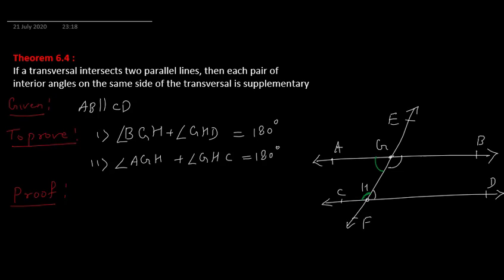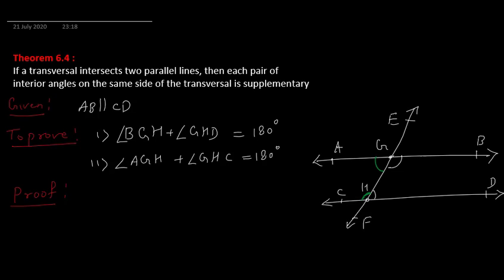Now let us see what I am going to do. I know that angle AGH plus angle BGH, their sum is 180 degrees. Also I know that angle AGH is equal to angle GHD because they are alternate angles.